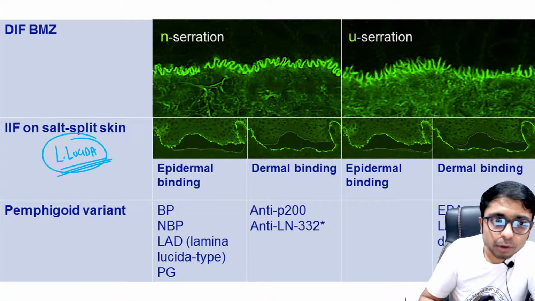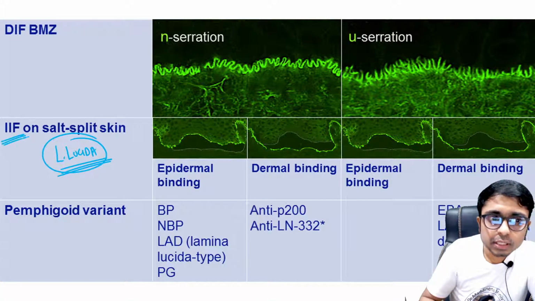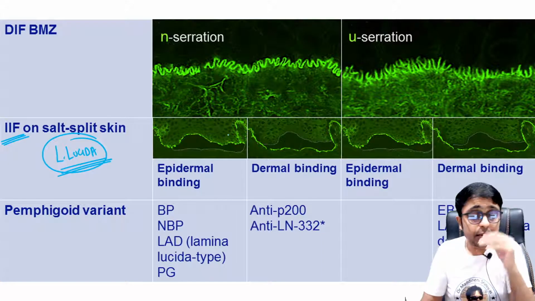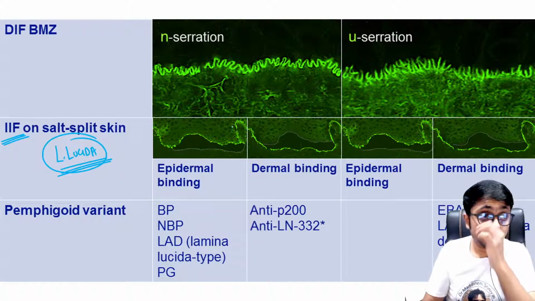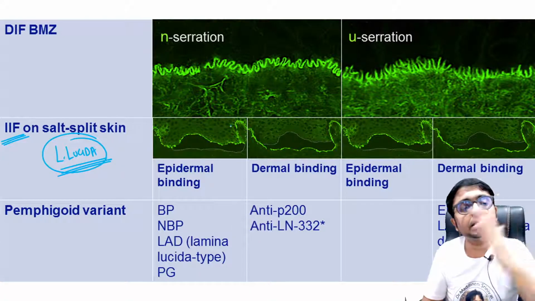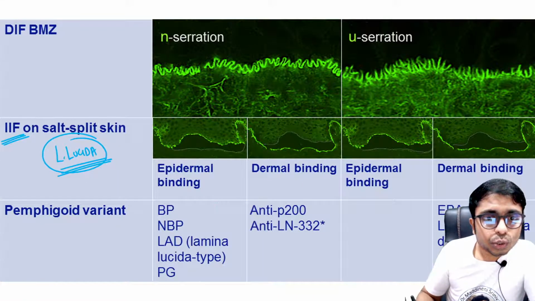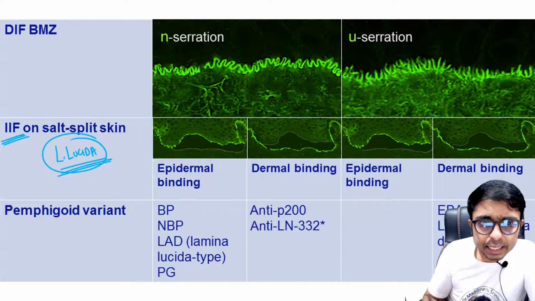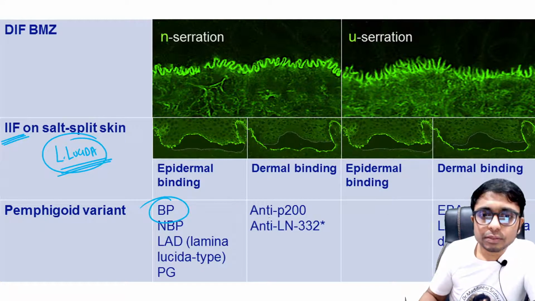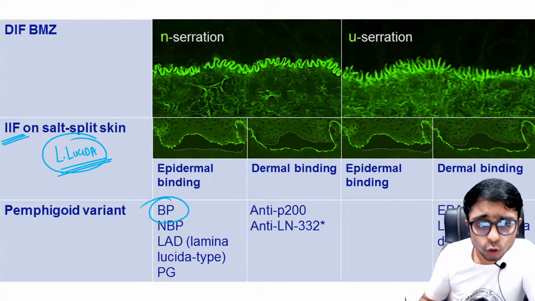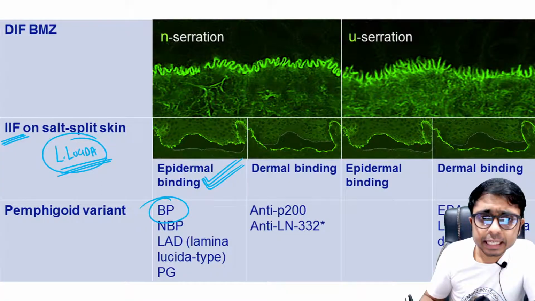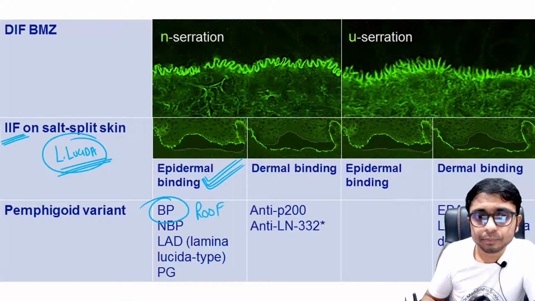And then if we perform indirect immunofluorescence, we can identify whether the fluorescence will be present over the roof, or it will be present over the floor. Okay, so in the case of bullous pemphigoid, the fluorescence is going to be on the epidermal side, that is, we can say, on the roof side.